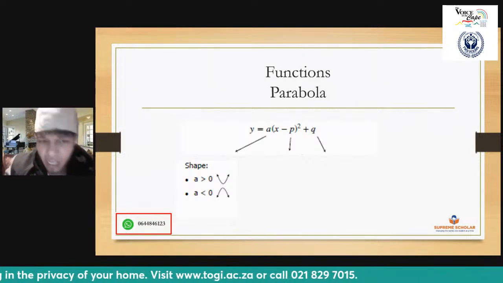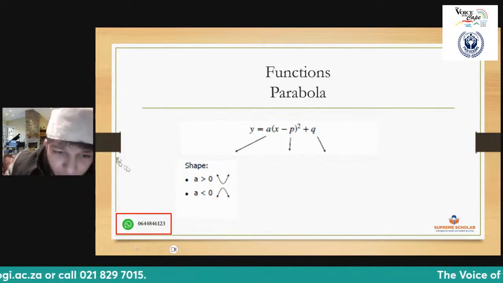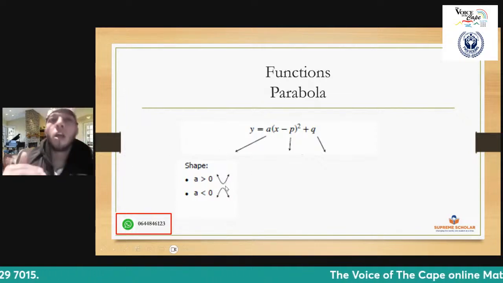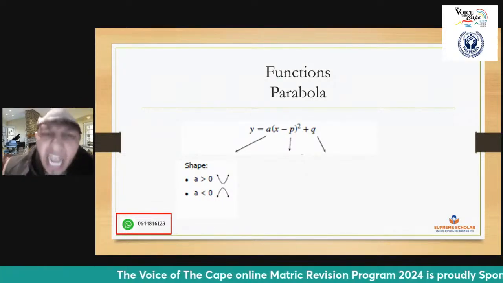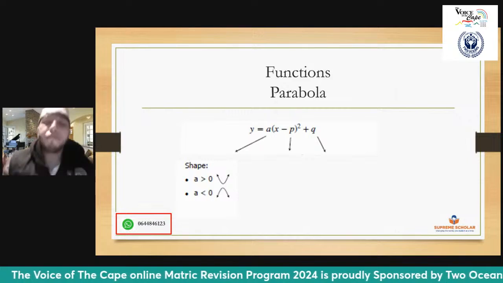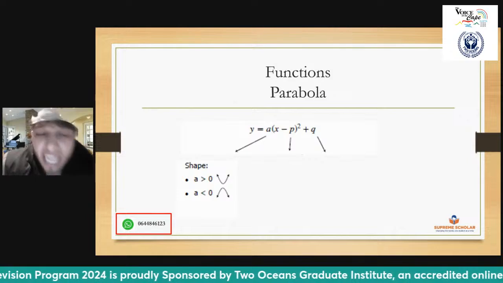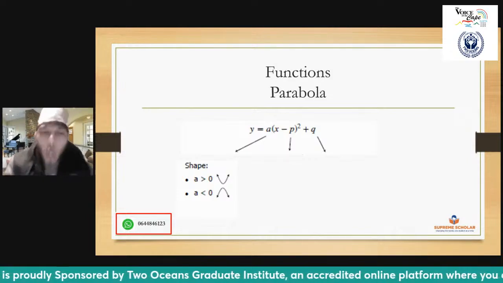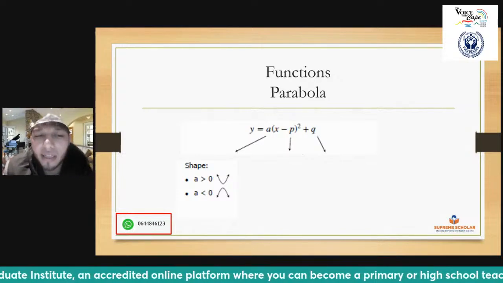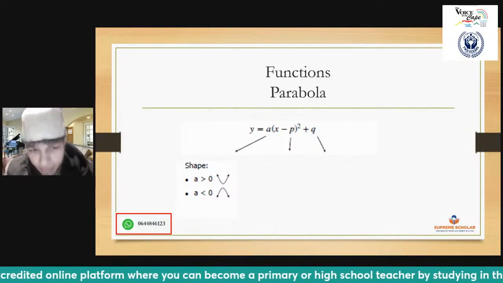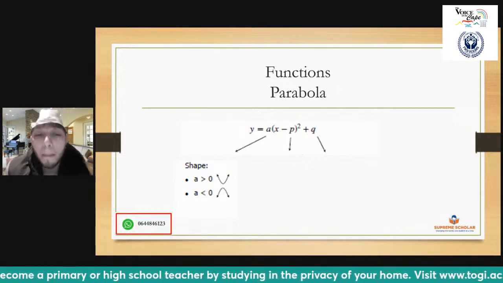I'll explain this. If you look at this depicting diagram of the parabola, arrows mean the graph is going to infinity. We do not know where the graph is ending. Now, if the a value is greater than 0, the arrows are going up, indicating that the function is going towards positive infinity.